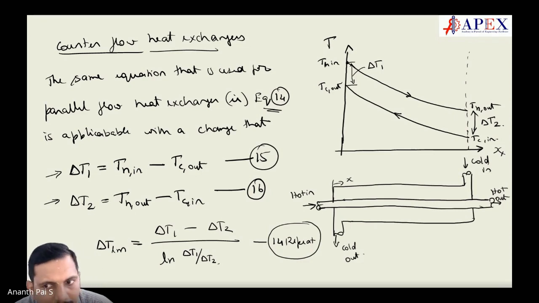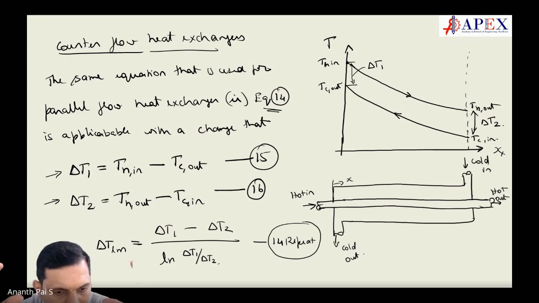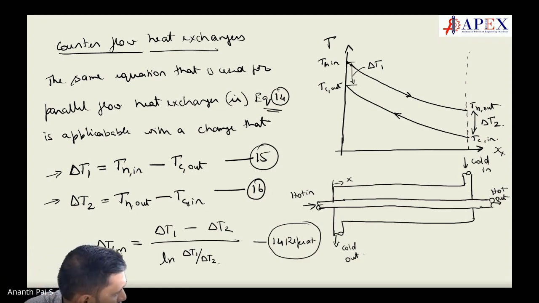Now, if delta T1 is equal to delta T2, if it is the same, then what? What's the log mean temperature difference? 0 by 0 form comes.